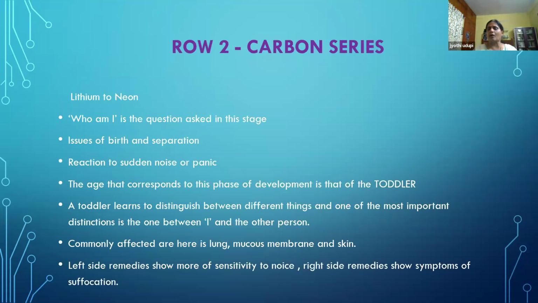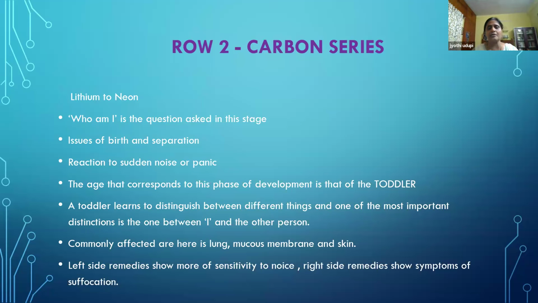So the second row is the carbon series, lithium to neon. Who am I? is the question asked in this stage. Issues of birth and separation. As I told, it is better you get knowledge of your whole third year OBG. Reaction to sudden noise or panic.